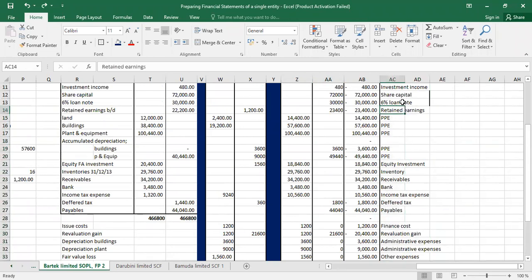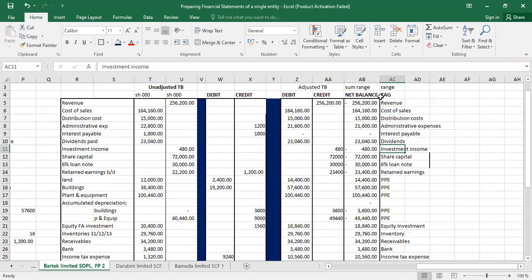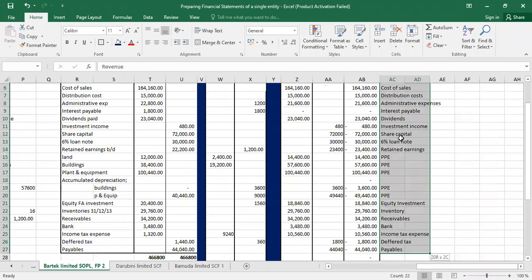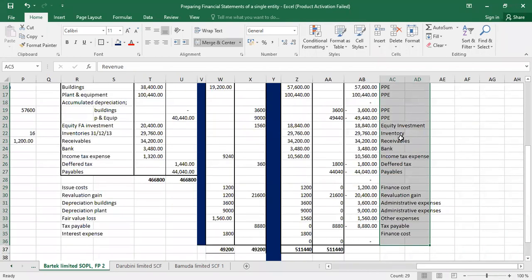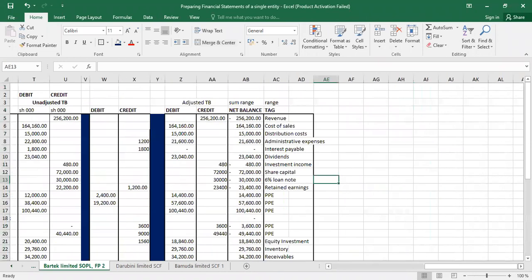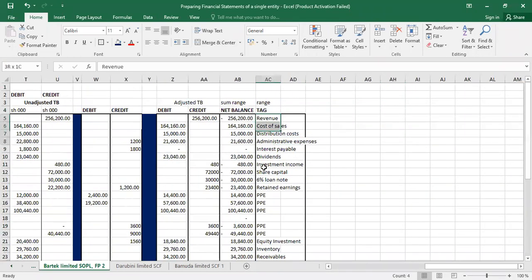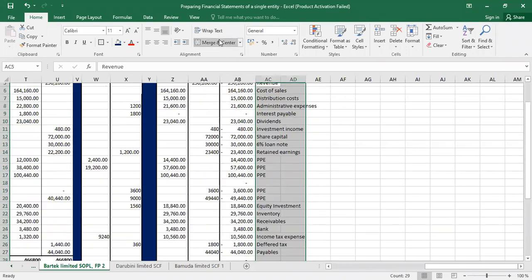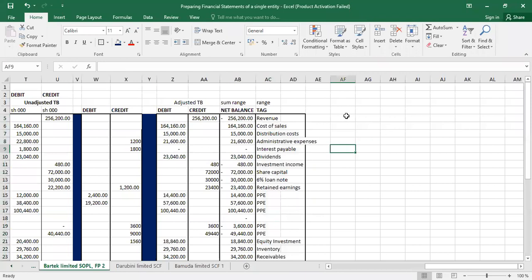So the retained earnings, the loan note is merged, also the investment income not merged. Nothing else is merged. So I don't know. I think there's something merged, but we'll just do it. Alt HBT. So I'll leave there. We have skipped one line. I wanted it to be very organized. So I can just select the data also, and I click there to unmerge everything.